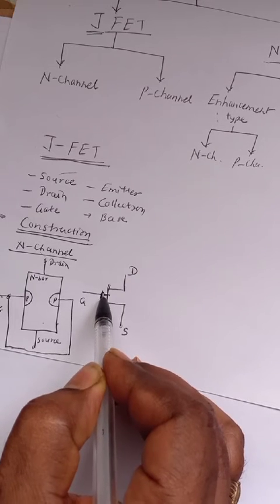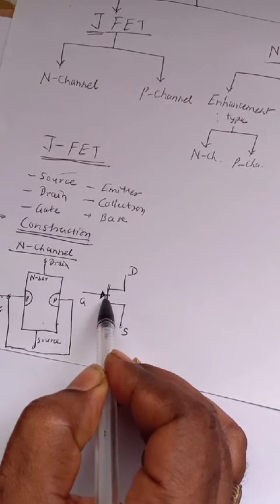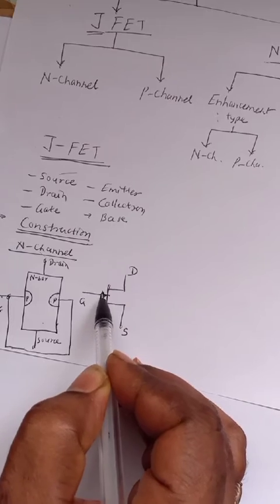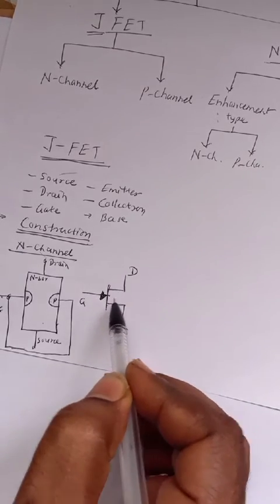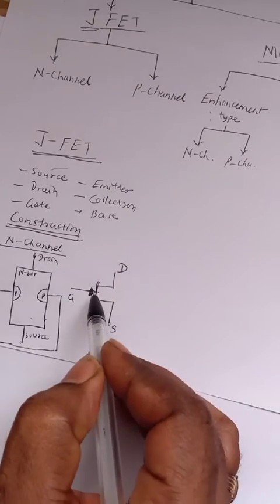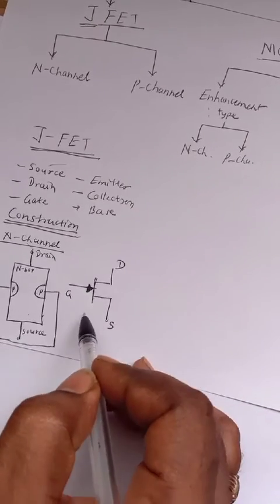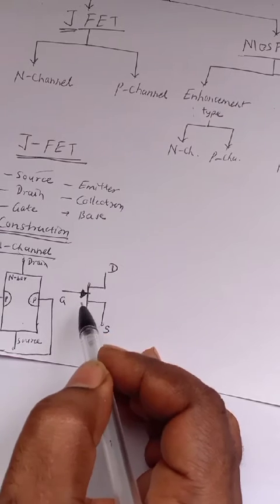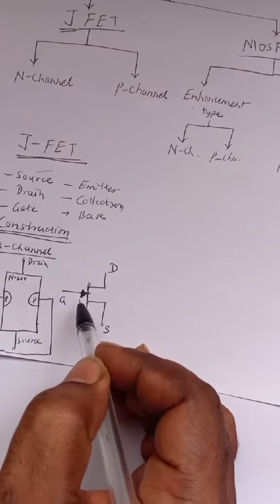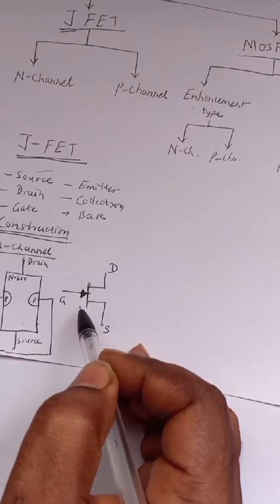The direction of the arrow is on the inward side. So this inward arrow on the gate indicates it is N channel.